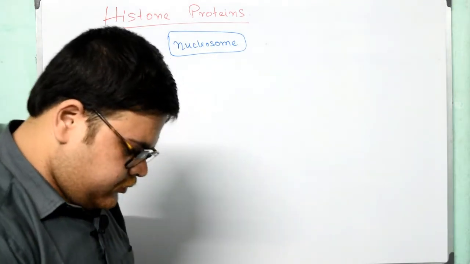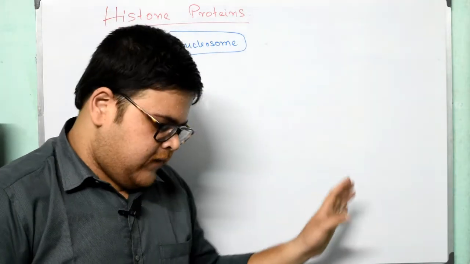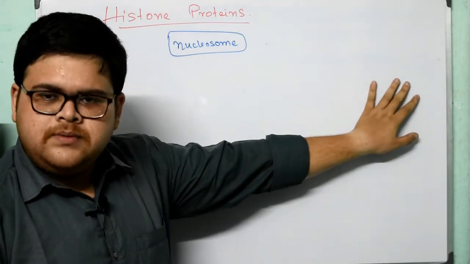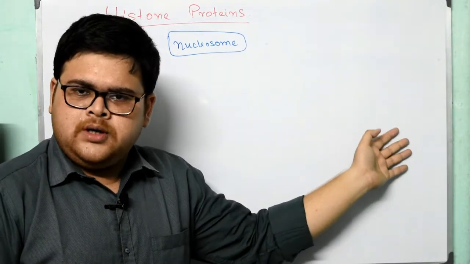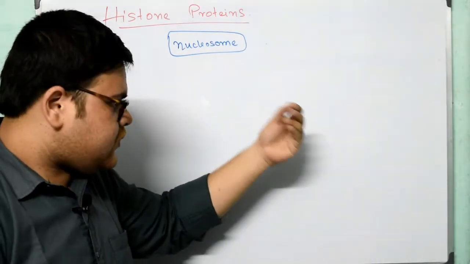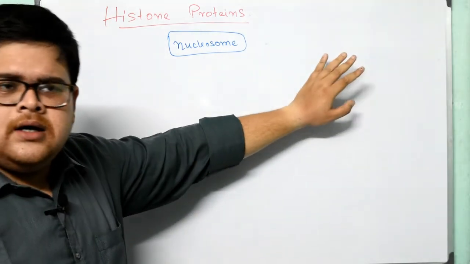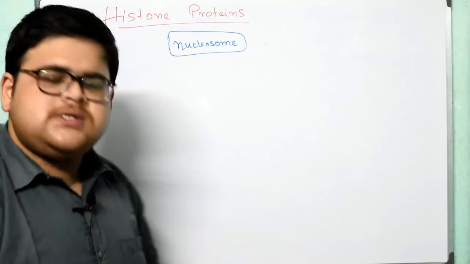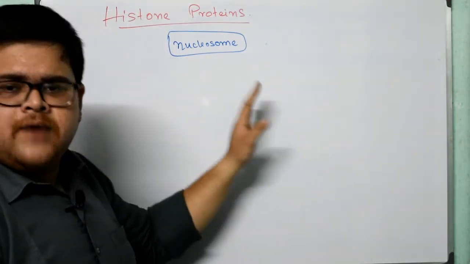One thing you need to understand is that chromatin fibers are made of two parts, as I've already told: the DNA part and the histone protein part. These histone proteins help in the packaging and maintaining the structural part of the particular chromatin fibers.